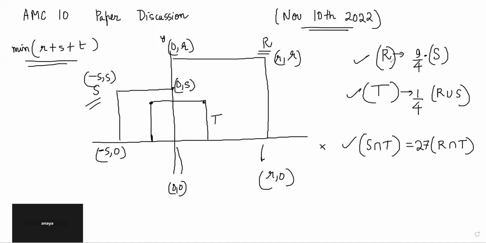So the number of lattice points in R is 9 by 4 times the number of lattice points in S. That should give us an indication of the ratio of R and S, right? So how do we count lattice points? There are going to be several lattice points on the x-axis, then many of them here. We just have to figure out a formula for lattice points.